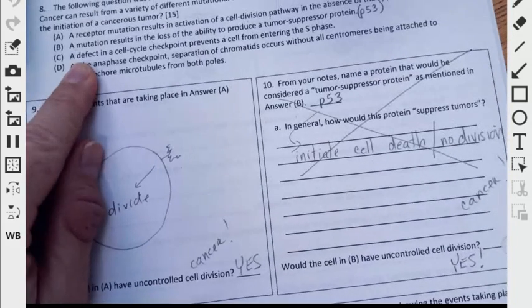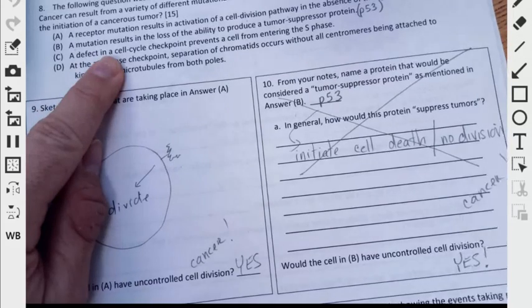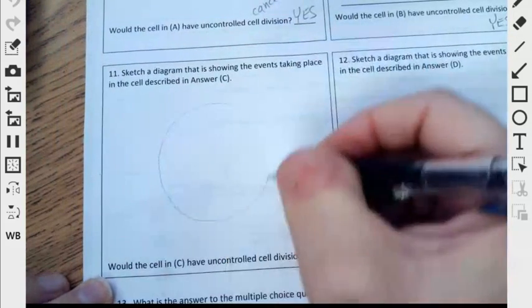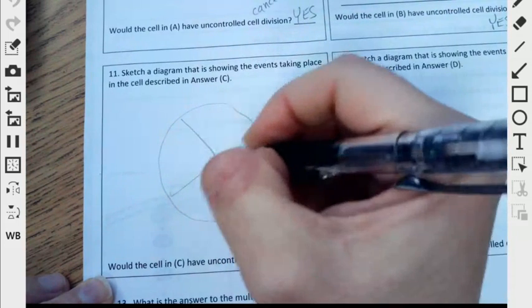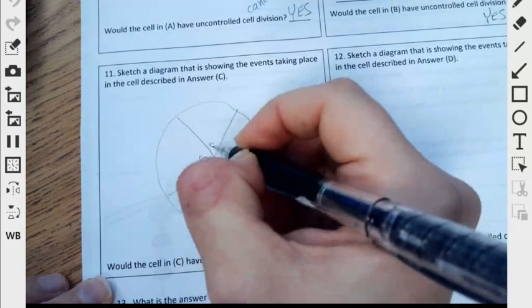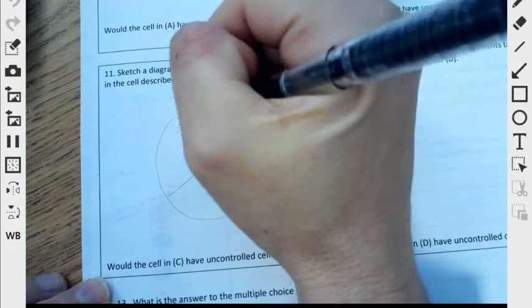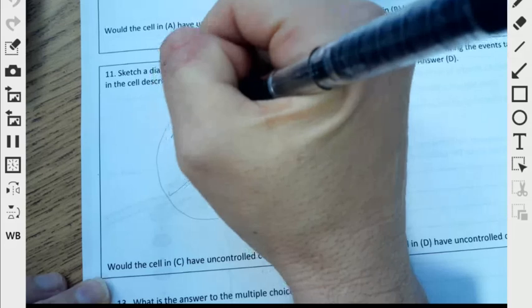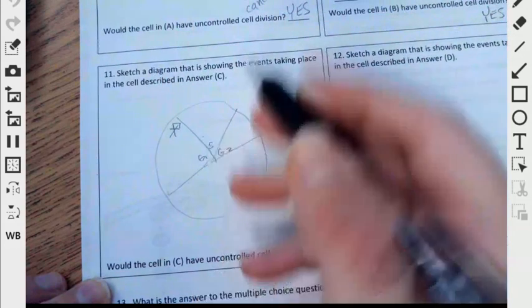C says a defect in the cell cycle checkpoint prevents a cell from entering the S phase. So let's think about what that would look like. Remember, we drew the cell cycle. You were with me last class. And it looks a little something like this: G1, S, G2, the 3 phases of interphase, okay? And what it's saying is a defect will not let the cell move into S phase.